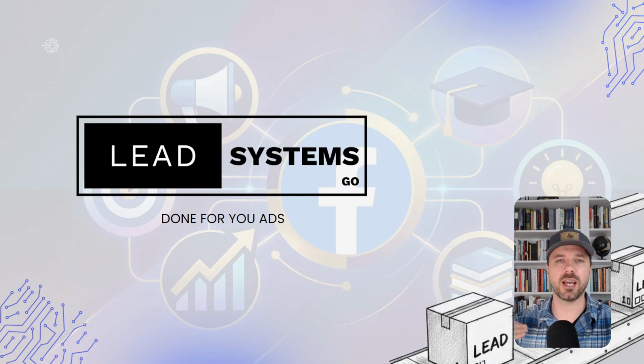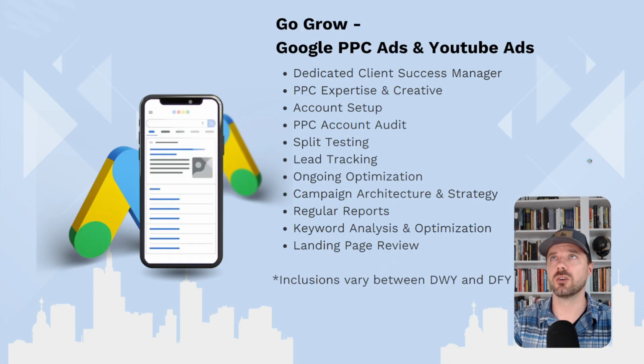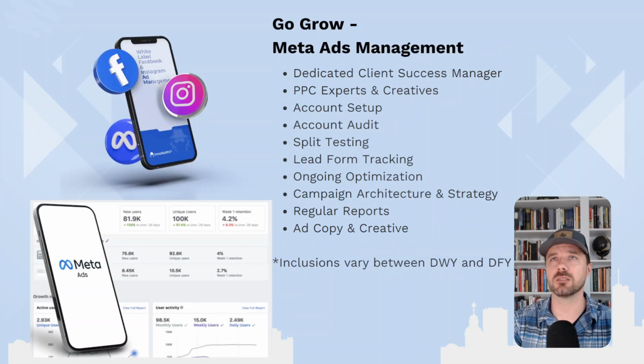We can run ads for you, and it's quite simple because we're using the same tool. Because of that, we're able to offer it at a fraction of the cost. There's a number of things included with that. You get a client success manager, you get an expert, you get basically everything that you'd get with another ad agency, but packaged up in a really simple solution for us.